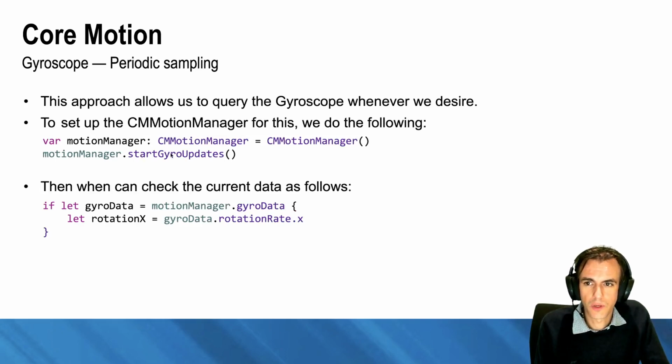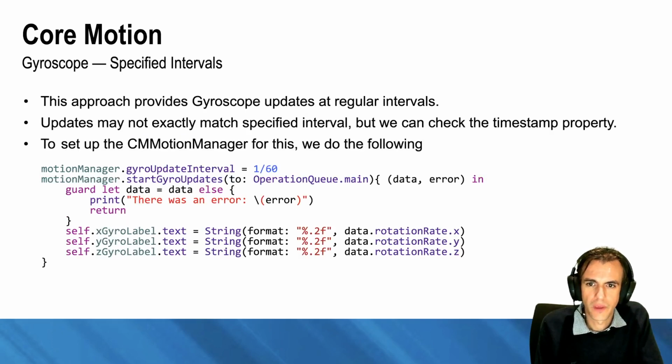The difference is we call a method called start gyro updates, and instead of accelerometer data, this is gyro data, but otherwise this code looks the same. For the specified intervals, again, very, very similar. It's just a different method and different property name. This is gyro update interval and start gyro updates. And the property that we read out of the data object is rotation rate.